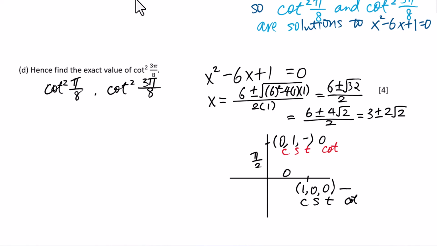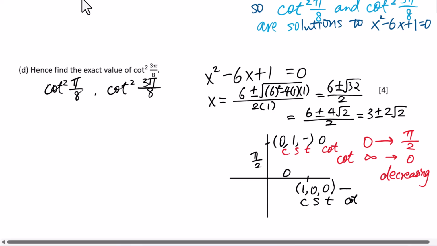So for angle 0 to pi over 2, cotangent goes from infinity to 0, which means cotangent is decreasing in the first quadrant.